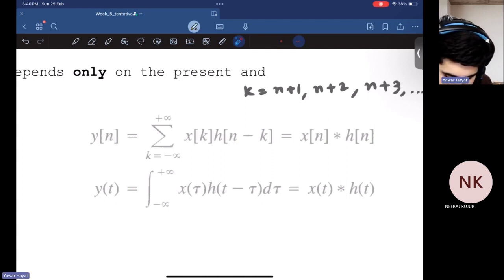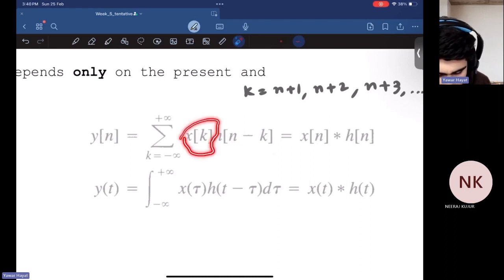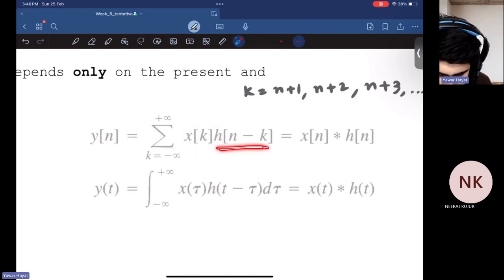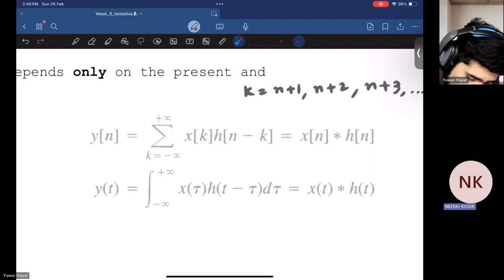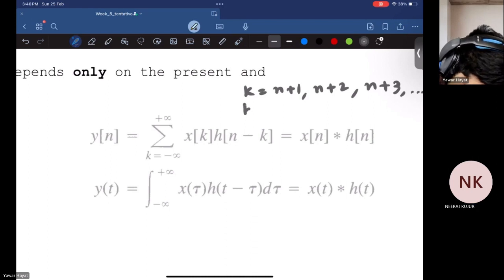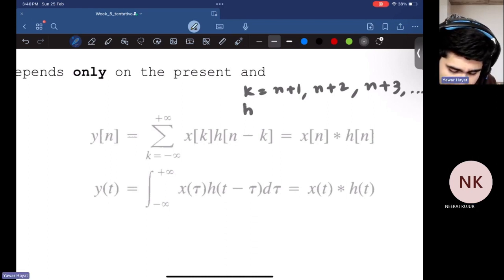You have control over the response of the system, but you don't have control over the input. So we'll play with this and see what condition this impulse response should satisfy. Now for k equal to n plus 1, what is this?